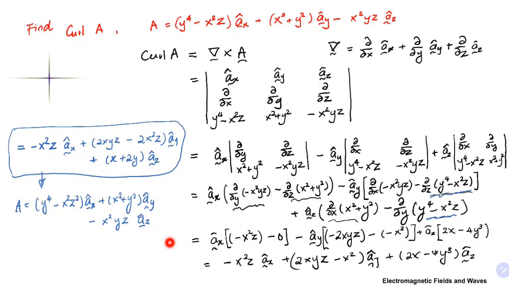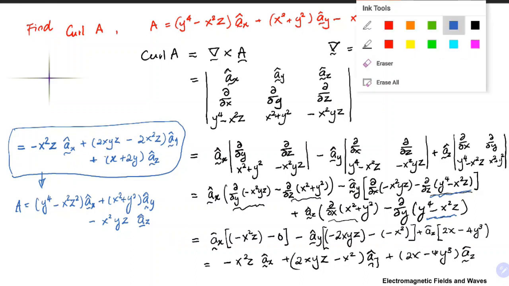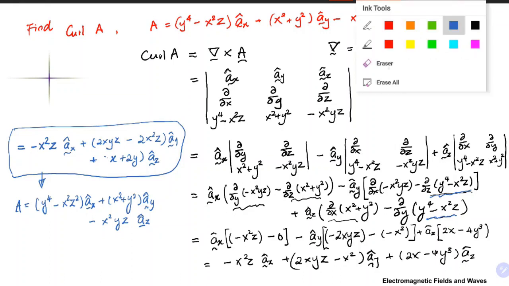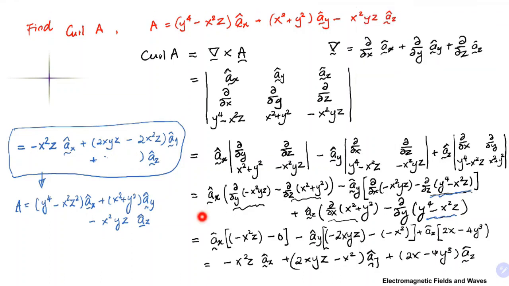Yes, it's 2x, yeah. 2x minus 4y cubed. Okay, that's the correct answer.